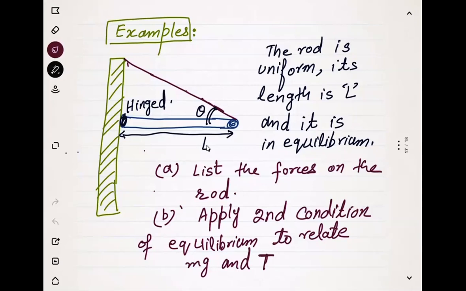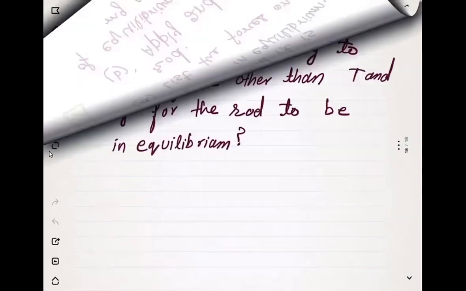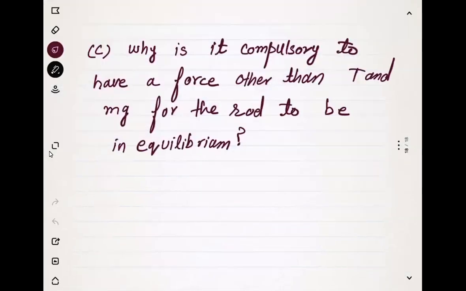When the pivot is not mentioned, you can take it anywhere. And the third part is, after applying the second condition of equilibrium, why is the third force needed to bring equilibrium? So these are the three parts. We will proceed one by one.